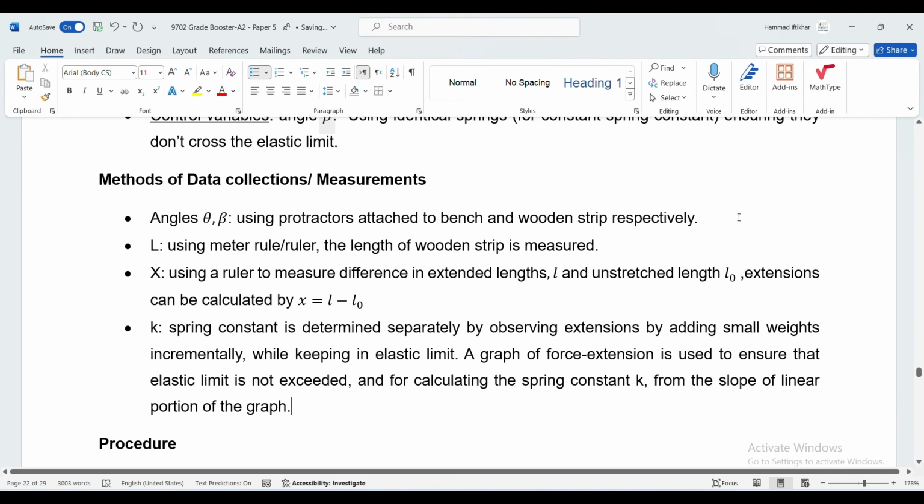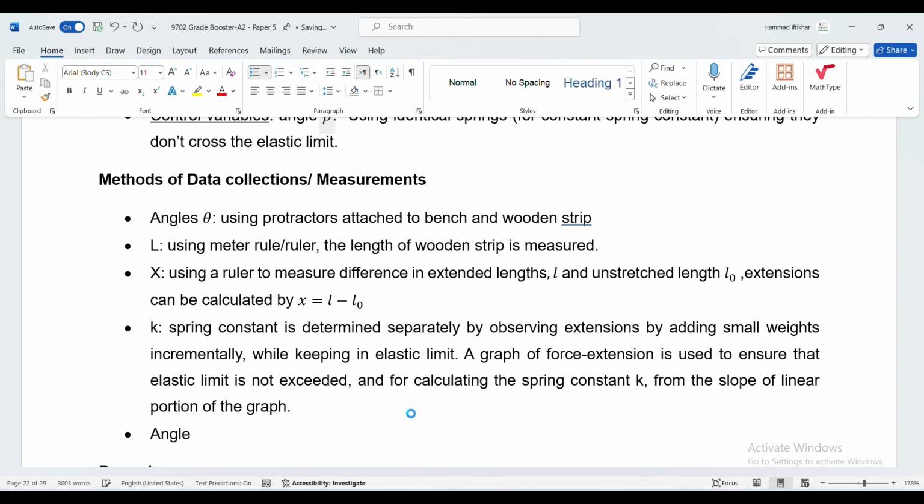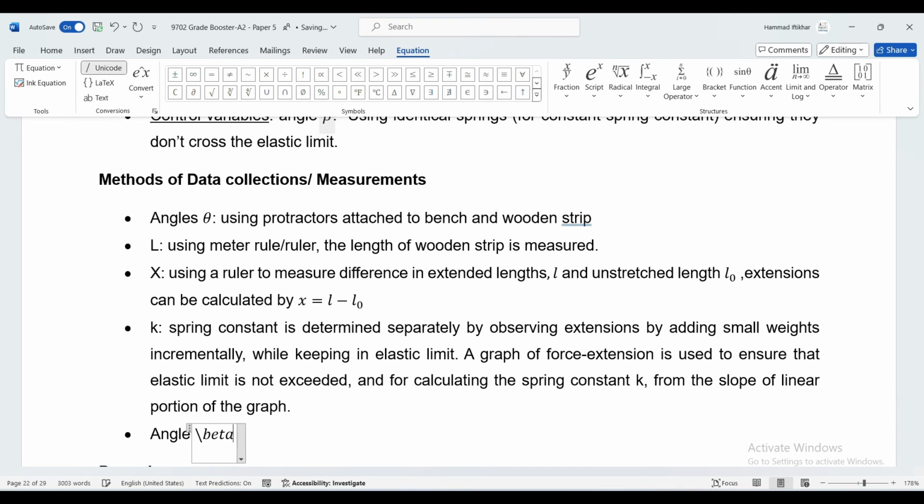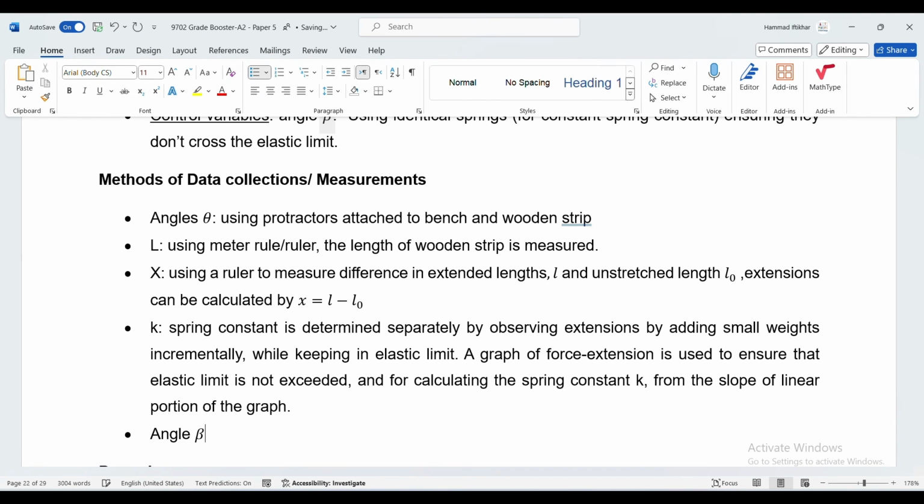Oh, sorry, wait. Angle theta, I just realized, we are measuring between the bench and wooden strip. Angle beta, now we have to say why and how we are keeping it constant.